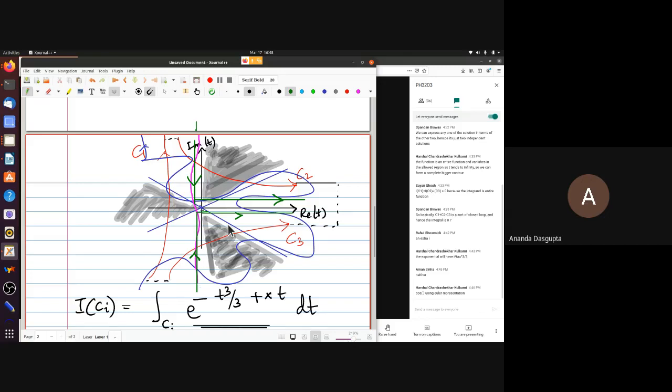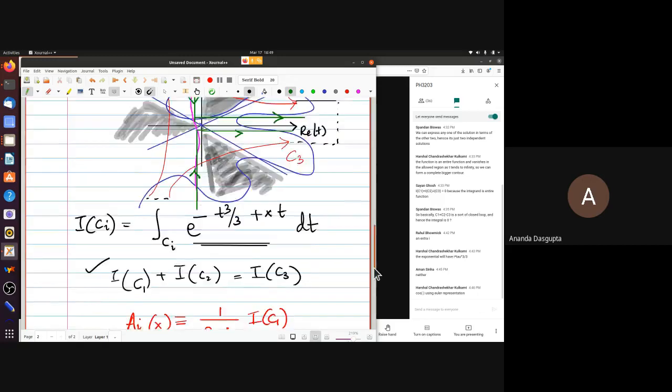The point is, since you are free to bend your contours in any way you want, as long as you're dealing with entire functions, this kind of thing can be done. And once you do that, you can easily change those integrals over complex contours into real integrals and use them to figure out that both the Airy functions Ai(x) and Bi(x) defined along those lines would be real functions of x.